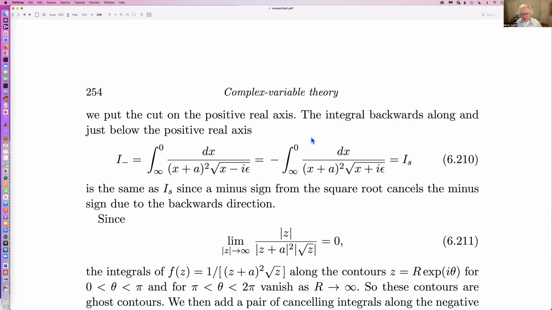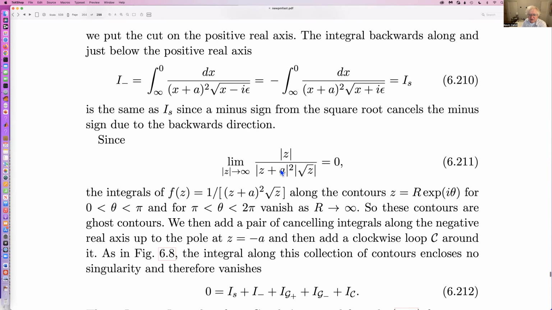And we flip the direction of the integral, or rather we say, well, this integral is minus that integral, because here we're above the real axis, and so the square root has a minus sign in it.